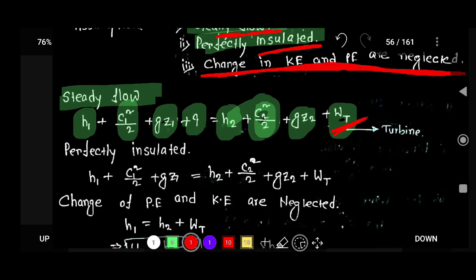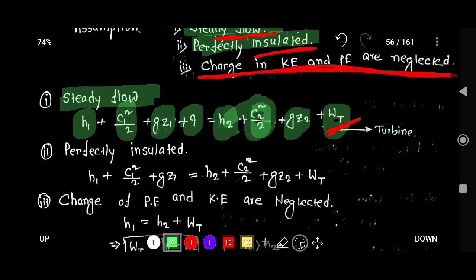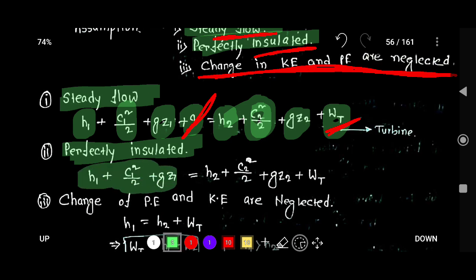The next assumption is that this is perfectly insulated, which means q is equal to 0. So write the same formula: h1 plus c1 square by 2 plus gz1 equals h2 plus c2 square by 2 plus gz2 plus w turbine.